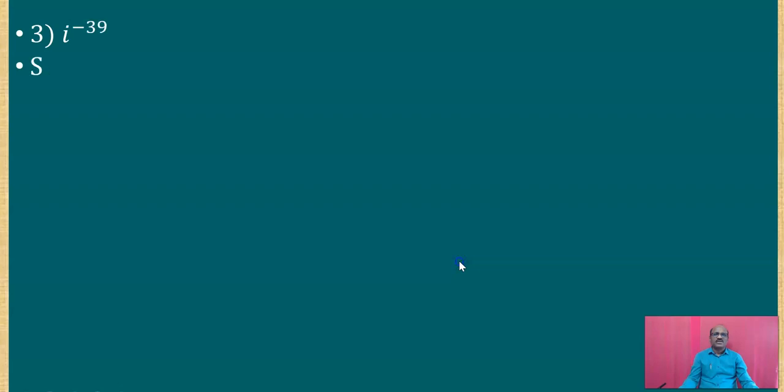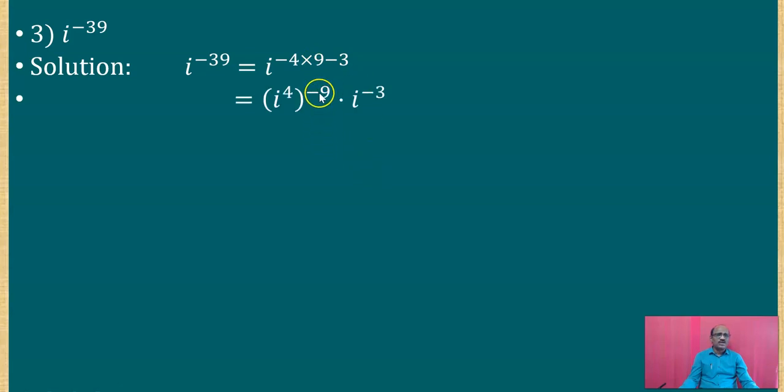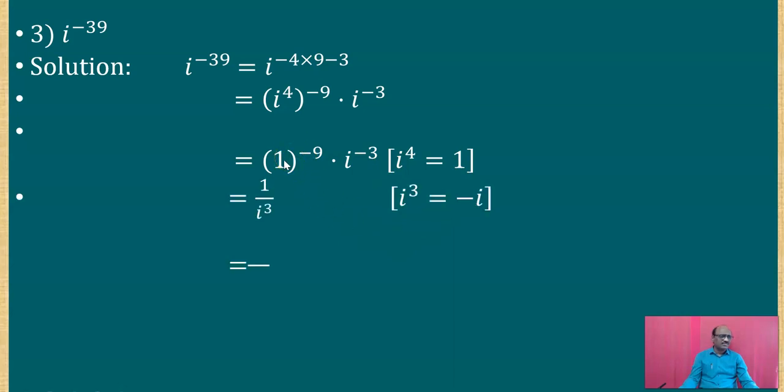Next example, i raised to minus 39. It can be written as i raised to minus 4 into 9 minus 3, that is (i raised to 4) raised to minus 9 into i raised to minus 3. Here i raised to 4 is 1, so 1 raised to minus 9 is again 1, and i raised to minus 3 means 1 upon i raised to 3 by using the law of indices.